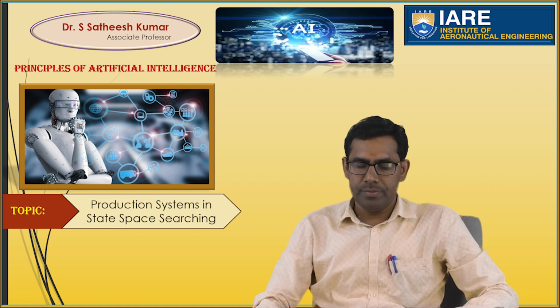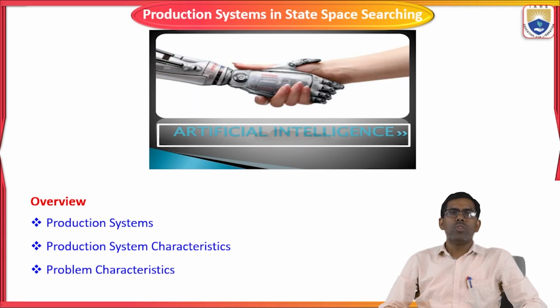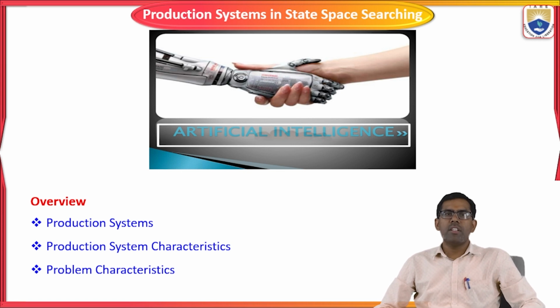In this lecture, we are going to see what exactly the production system is, and the production system characteristics and problem characteristics we should keep in mind before solving a problem using searching.